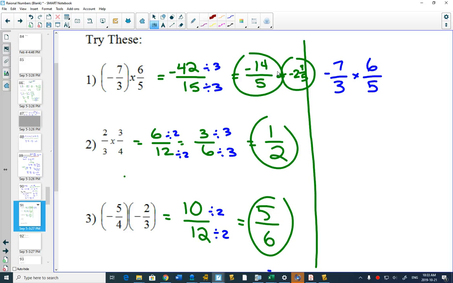Okay? So we look in the fractions. I can't simplify 7 over 3. I can't simplify 6 over 5. But diagonally, what's 6 divided by 3? 2. So I stroke out these, and I change them with 2 over 1.